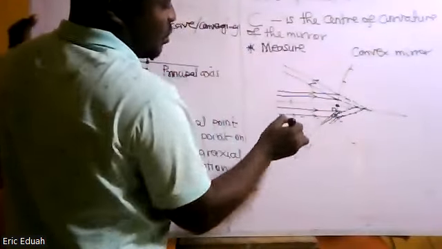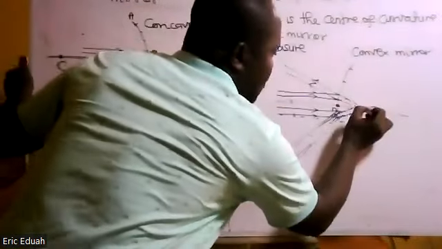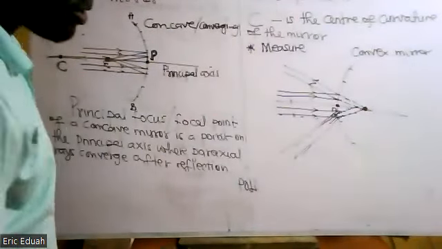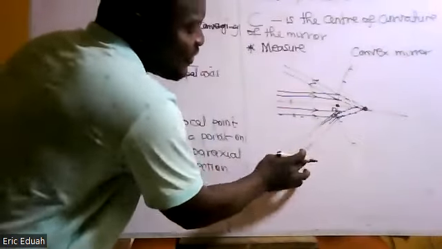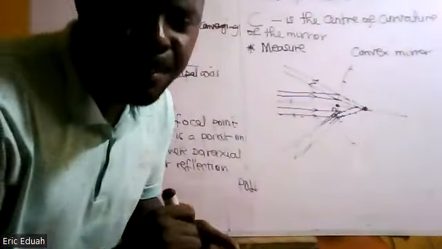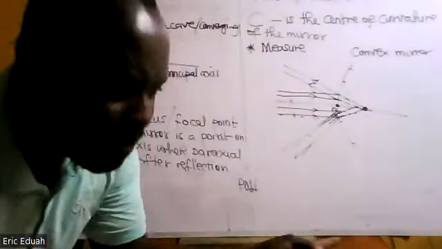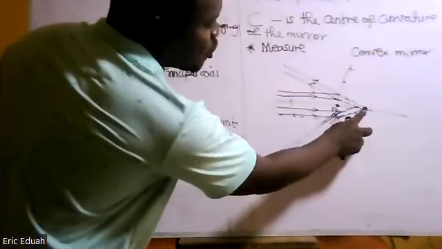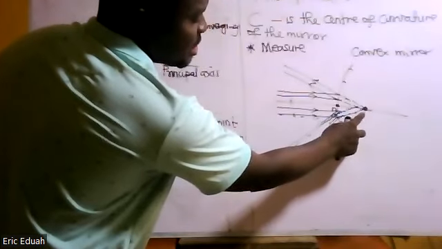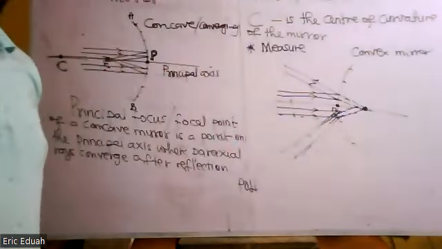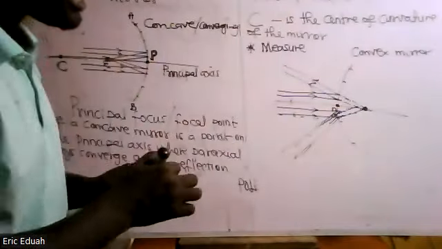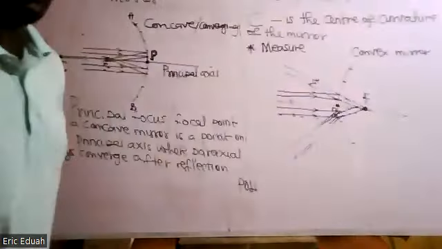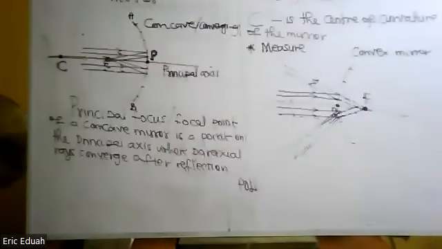So this is a point behind the mirror where the diverged rays appear to be diverged from. These reflected rays all appear to be diverged from this point. And this point is what we call the principal focus or the focal point of a convex mirror.